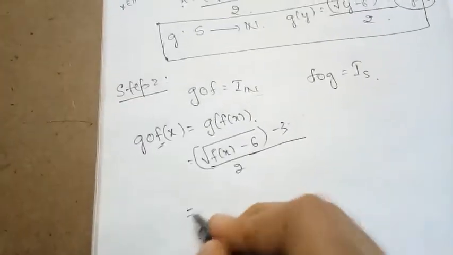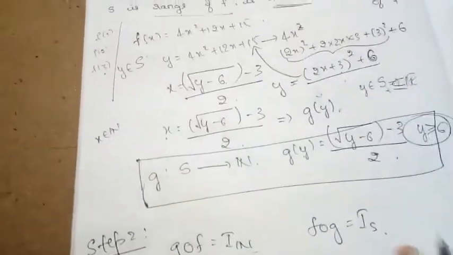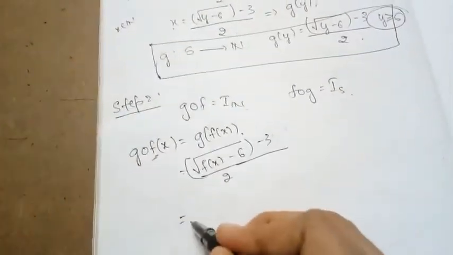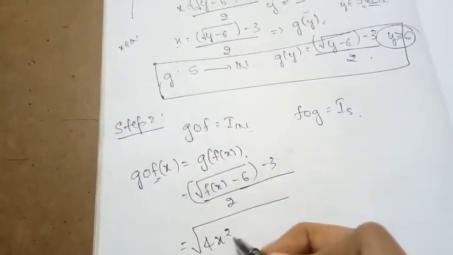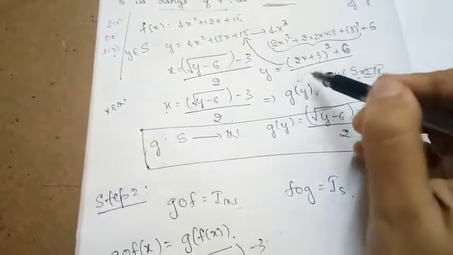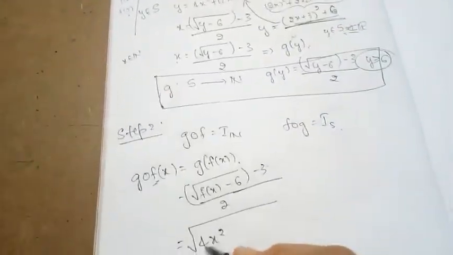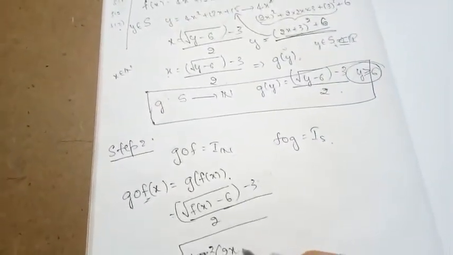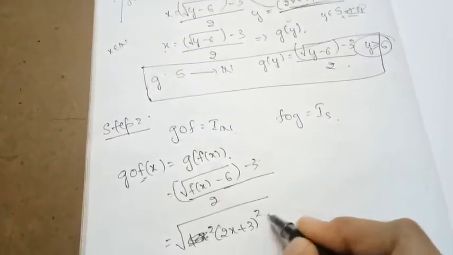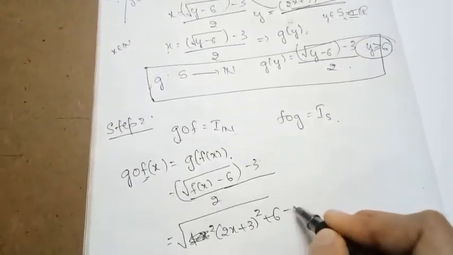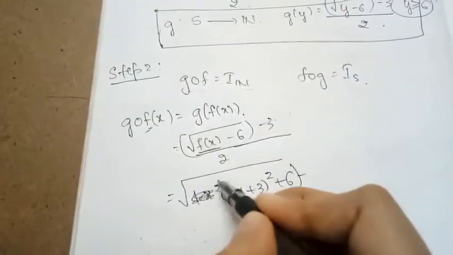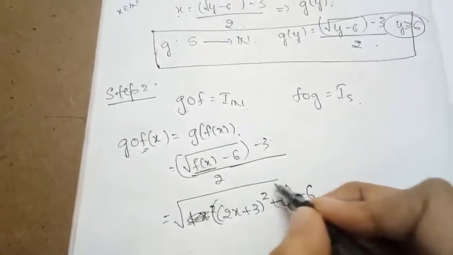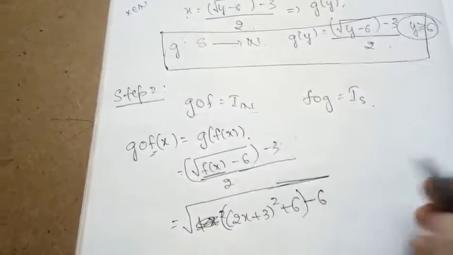So this is what the function is. So what is f of x? f of x was 4x square plus, so no need of writing this one, we have completed the square. Here is one of the form, right? We can use that one, that is 2x plus 3 whole square plus 6. So this is what f of x is. After that what? f of x minus 6, and up to here we are having the square root.